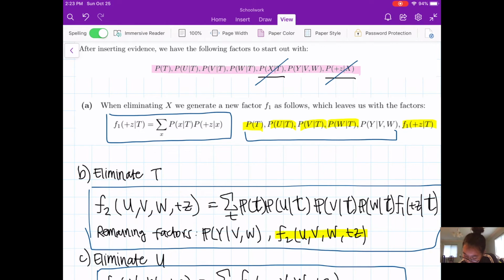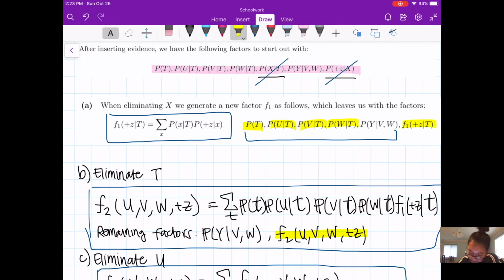So here, for example, we could see that if we eliminated, say, u first, then our factor size wouldn't have become so big. Instead, if you eliminated u, you would have only considered the variables of here.